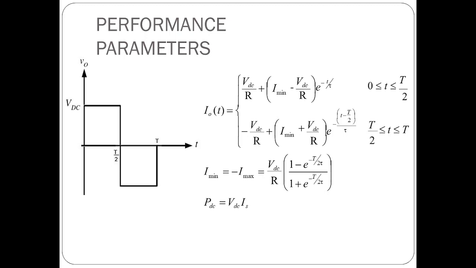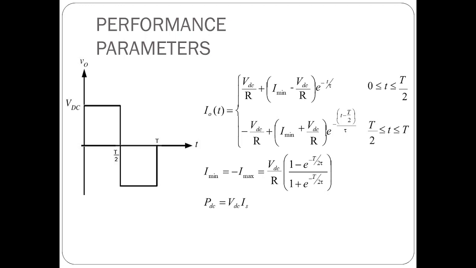So in the square wave inverter, I naught of t equals VDC by R plus I minimum minus VDC by R, into e power minus t by tau, is the output current given, and that can also be written as minus VDC by R plus I minimum plus VDC by R, into e power minus (t minus T by 2) by tau. So here these equations are given.